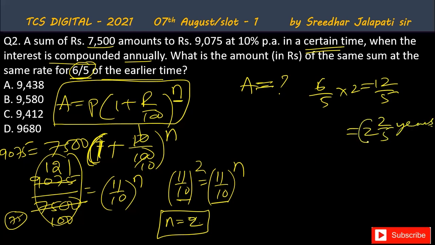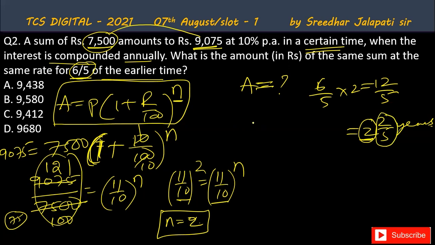Now for 2 years, this sum 7,500 becomes 9,075. In fact, it is given, we have not calculated it. So in 2 years, this sum becomes 9,075. Next, for the remaining 2 by 5 years, we have to calculate.